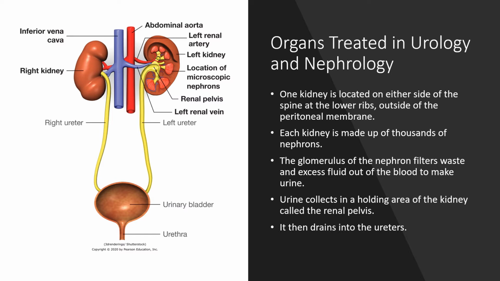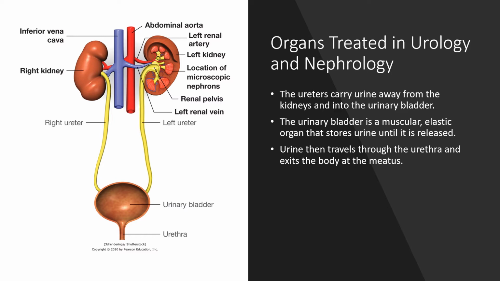Then it drains into the ureters. The ureters carry urine away from the kidneys and into the urinary bladder, and the urinary bladder is a muscular, elastic organ that stores urine until it's released. Urine then travels through the urethra and exits the body at the meatus.